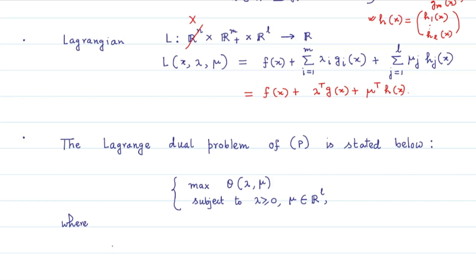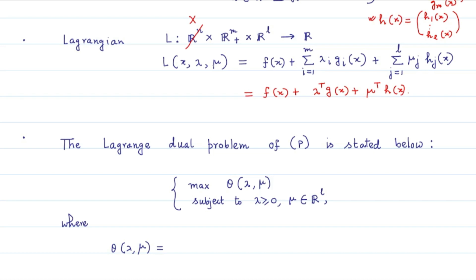theta(lambda, mu) is equal to, for given values of lambda and mu, you consider this function L and you take the minimum value, or in more erudite terms, you consider the infimum value of this L(x, lambda, mu) for given lambda and mu.